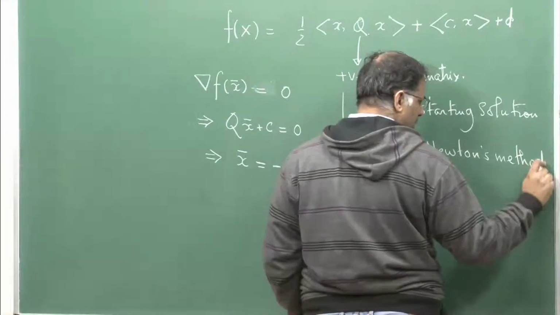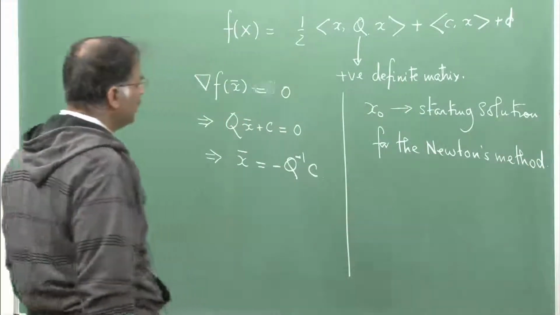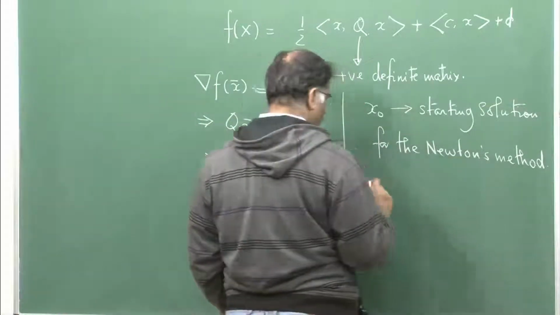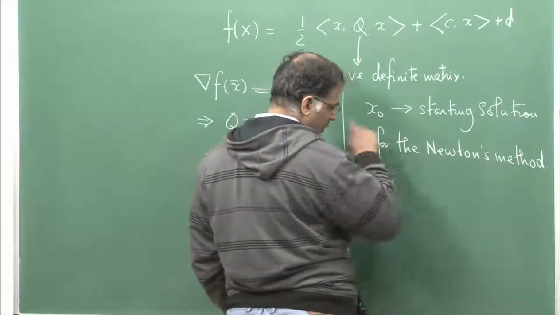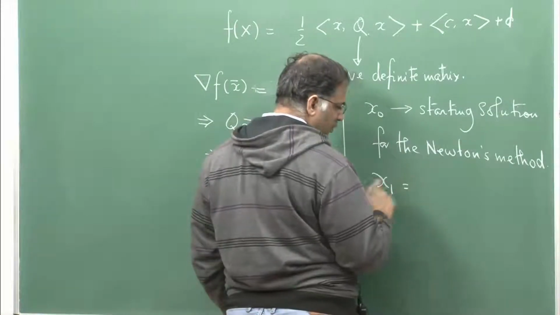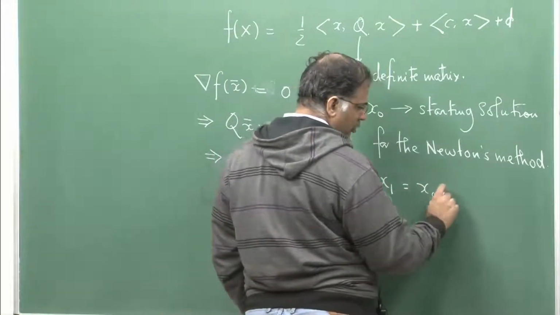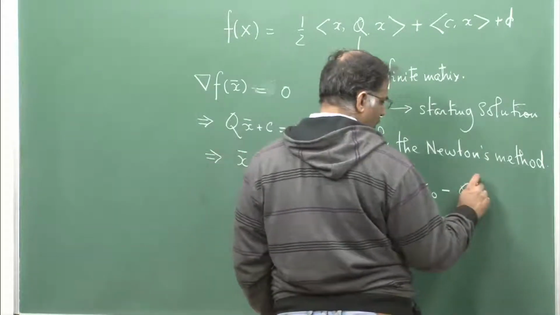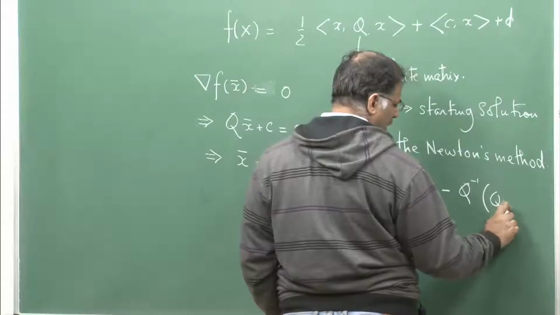Once you have taken the guess solution, assume that this does not give me the solution, then the next step is getting x1, which is x naught minus the Hessian at x naught, which is Q, so inverse of Q into the gradient at x naught.